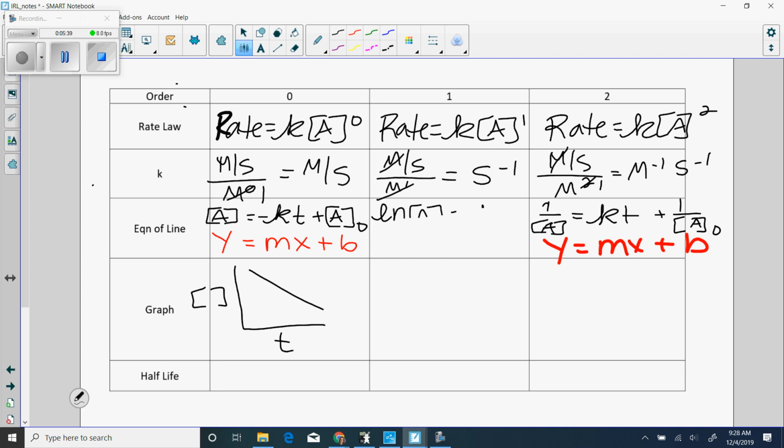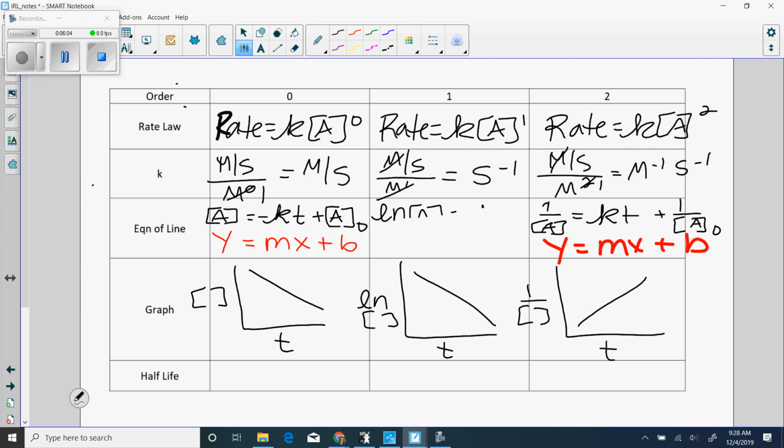But if it's first order, time versus natural log of concentration is going to be linear. This one is going to have a curve to it because A can't find B. If it's second order, time versus 1 over concentration is going to be linear, but it's a positive slope, remember, because K is positive.